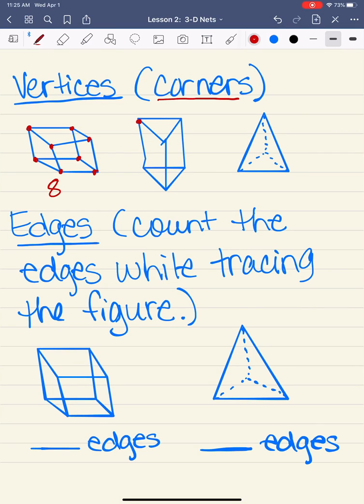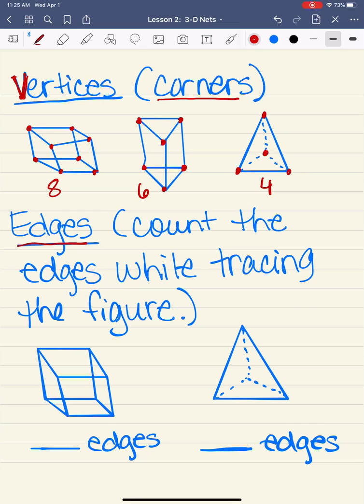The next one, 1, 2, 3, 4, 5, 6. 6 vertices. 1, 2, 3, 4. 4 vertices. So vertices are like the corners. The V on vertices, you can kind of picture as that has a vertex, and so that can help you remember what the vertices are.